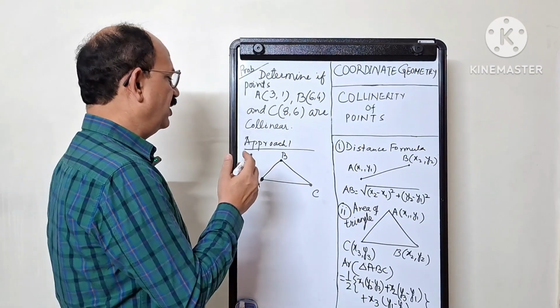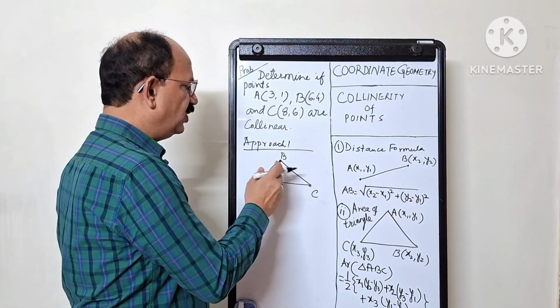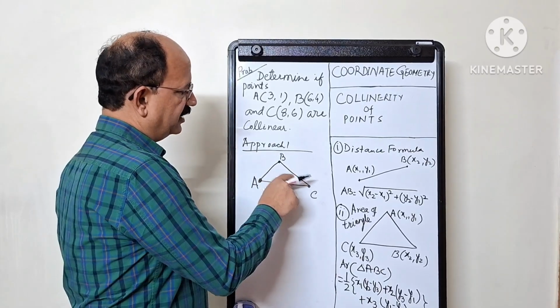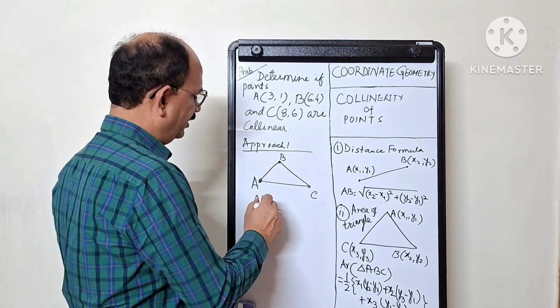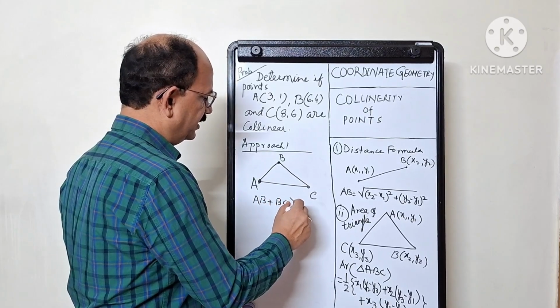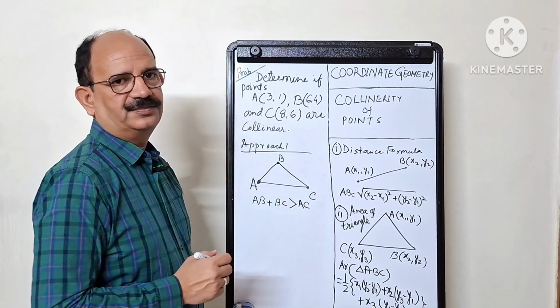One property of the triangle is that if you add any 2 sides of the triangle, the sum will be greater than the third side. So, for example, if you add AB with BC, then this will be greater than the value of AC.